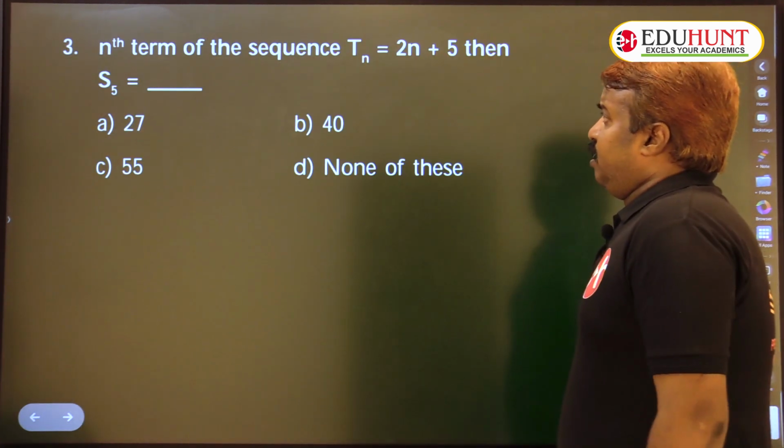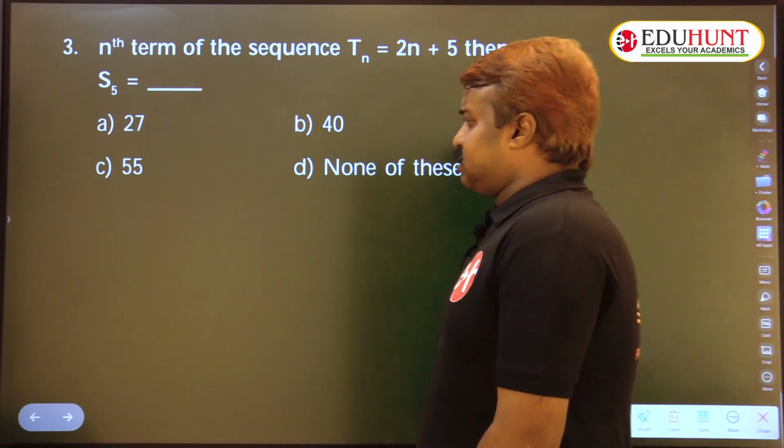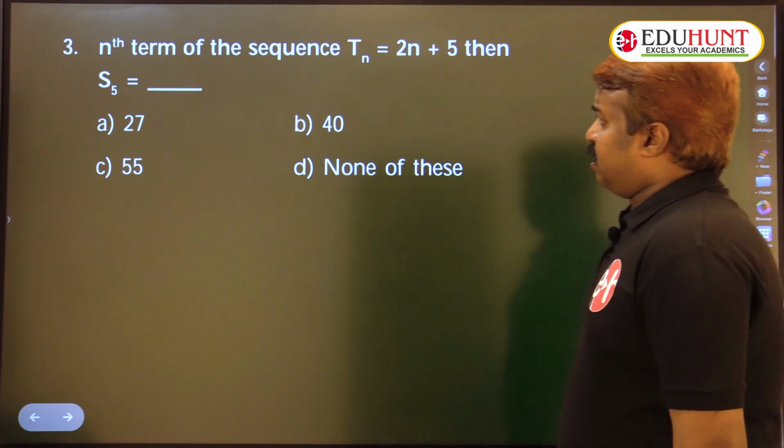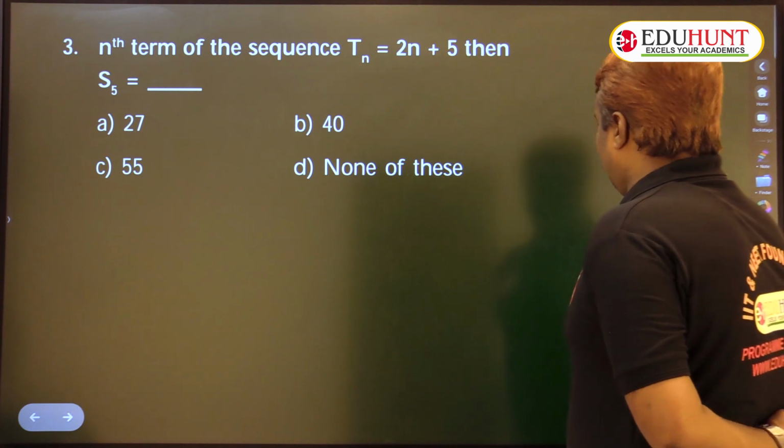Then here the nth term of the sequence is given. S5 is given, the sum of 5 terms.